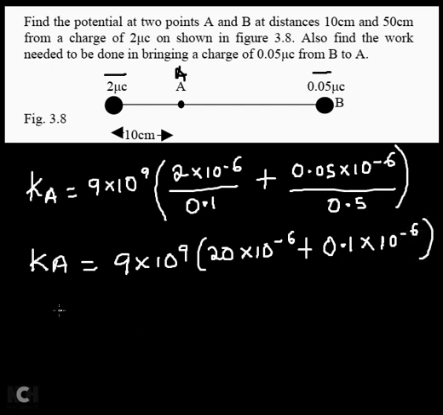Of course you know very well what I'm going to do. The common factor in the bracket is 10 raised to the power of minus 6, so I take it out.